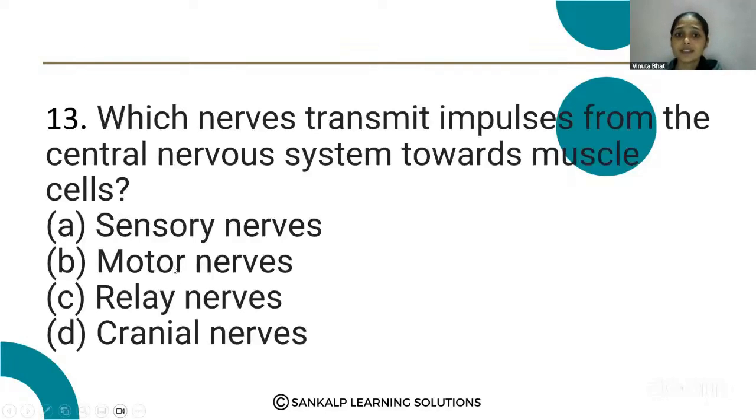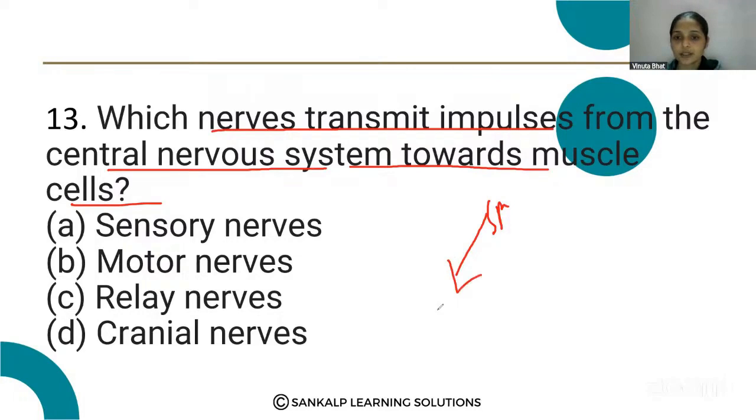Which nerves transmit impulses from central nervous system towards the muscle cells? So central nervous system to the spinal cord to the muscle cells. Sensory neurons, motor neurons, relay nerves, cranial nerves.